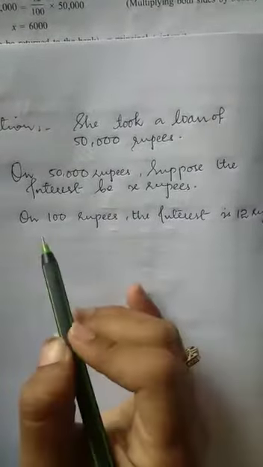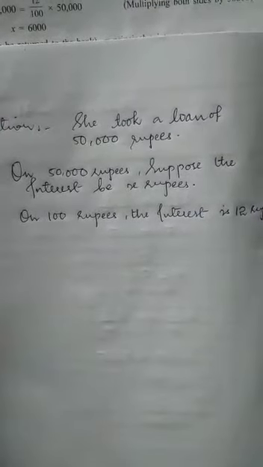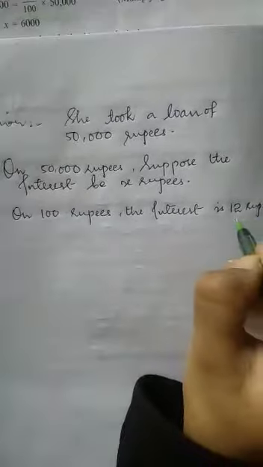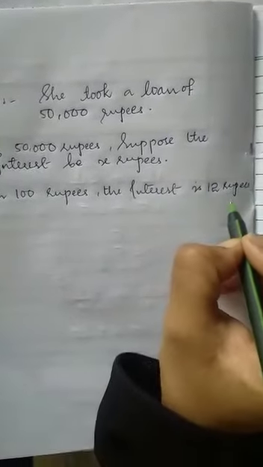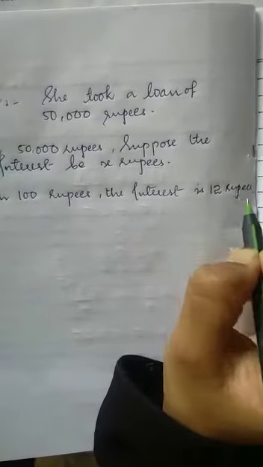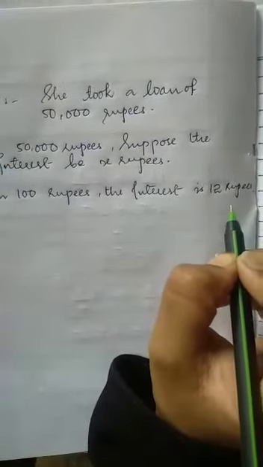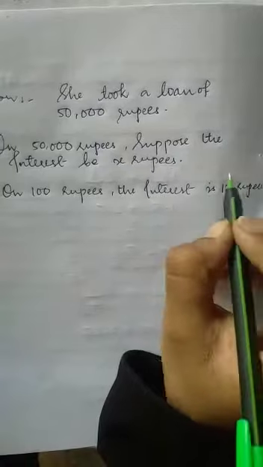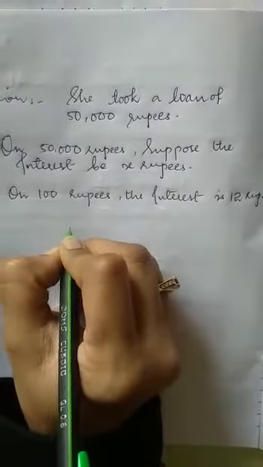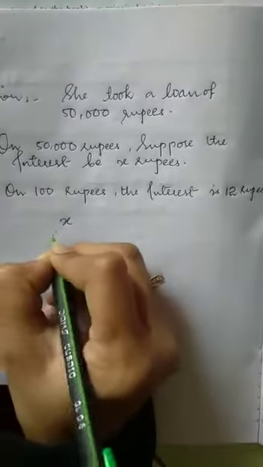So obviously she has to pay some extra charges, and this will be her interest. On each 100 rupees, she has to pay 12 rupees. This 12 PCPA that the bank has decided means she has to pay 12 rupees more on each 100 rupees. Okay, so this will be the interest charges that we have to return to the bank. Then the interest charges will be X.